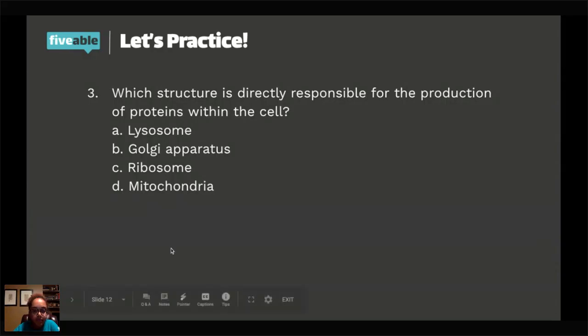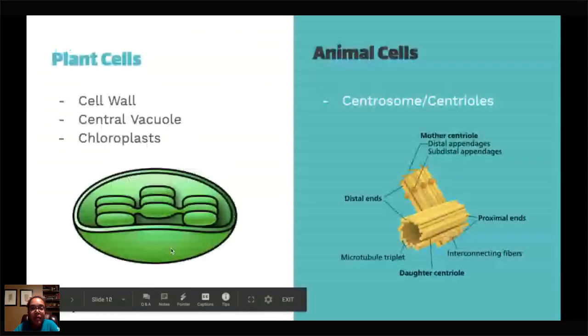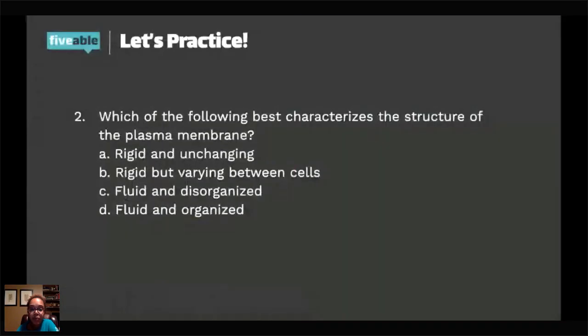And then here, you have: which of the following best characterizes the structure of the plasma membrane? You have rigid and unchanging, rigid but varying between cells, fluid and disorganized, and fluid and organized. In this case, the answer would be D, fluid and organized, because the cell membrane or plasma membrane is the same thing as the phospholipid bilayer. That's referring to the fluid mosaic model.